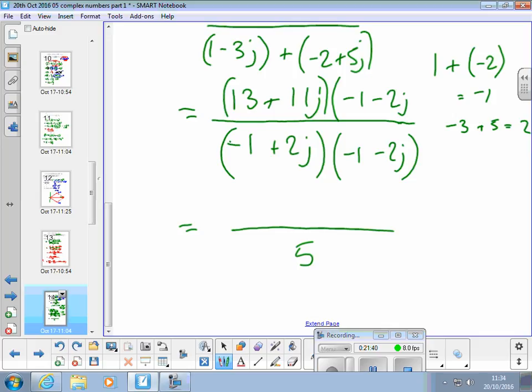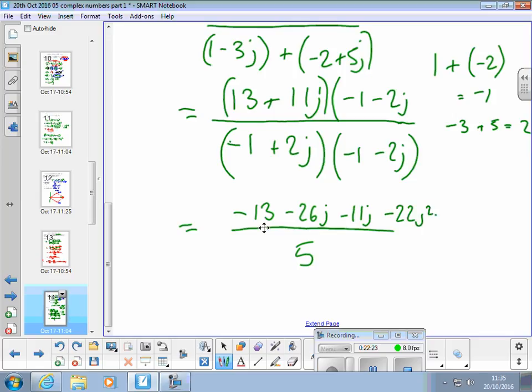And the top line, what we got to do, I'll multiply out the brackets. So how do we do that? Minus 13, well done, yeah. Minus 2 is, yeah, j, don't forget the j. And then j squared.